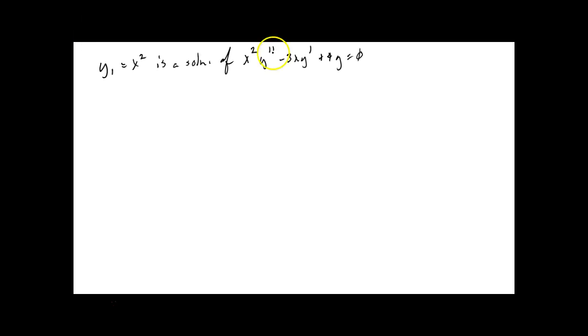Now, obviously, this differential equation is a second order differential equation. So therefore, it needs to have at least two independent solutions. So this, even though it is a solution, it is not your general solution. So that's what we're asked to find: the general solution of the differential equation on the interval 0 to infinity.